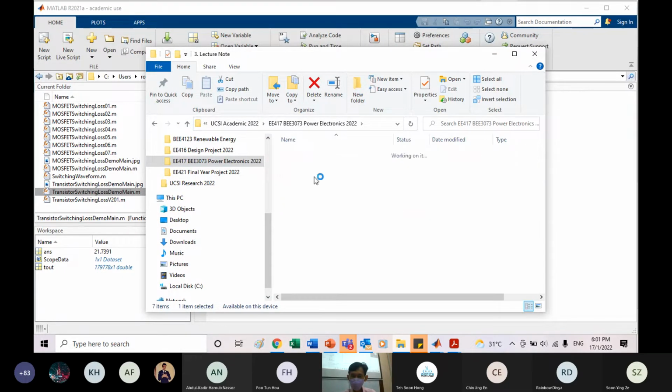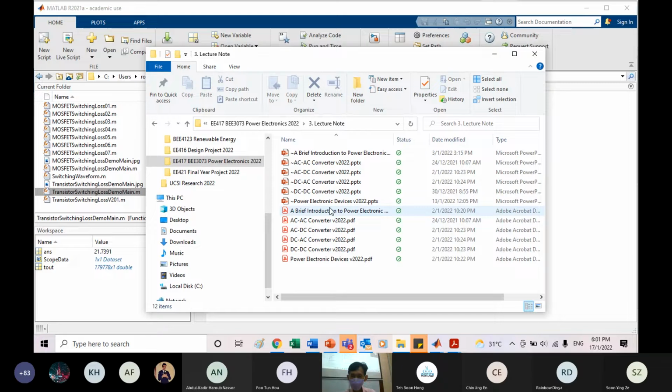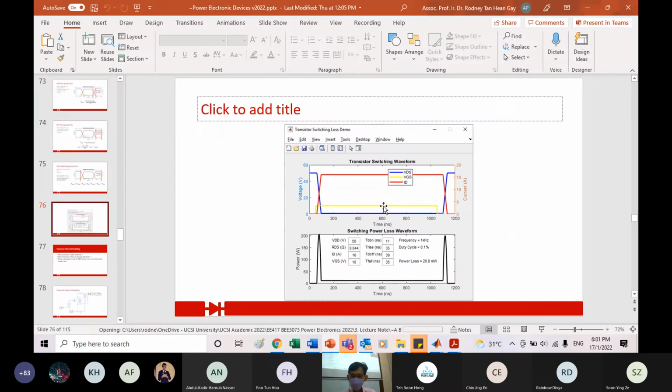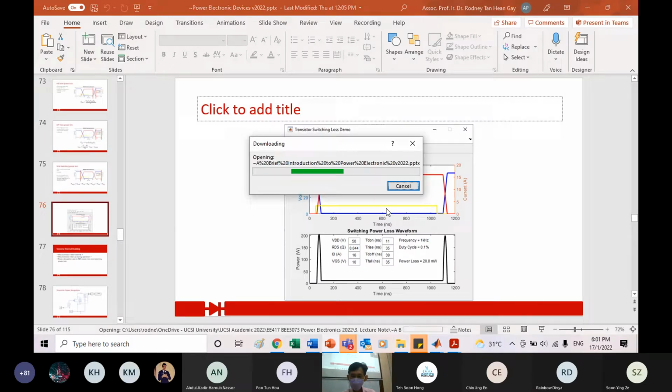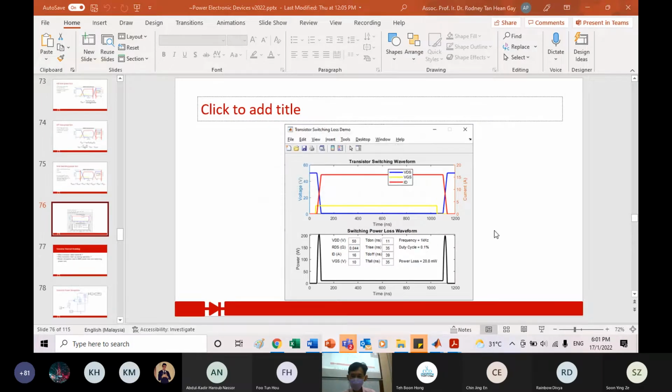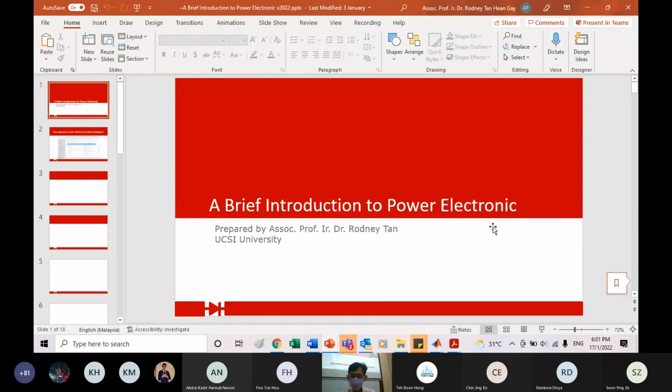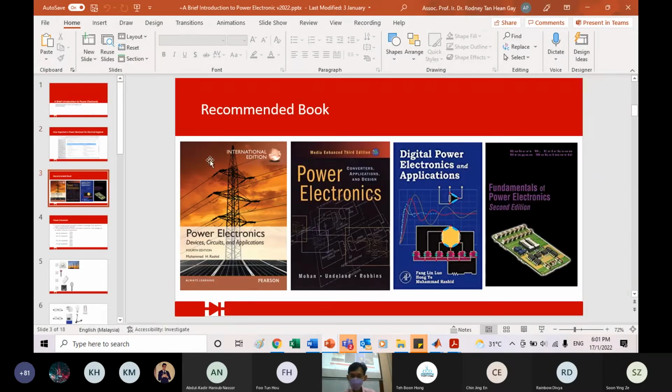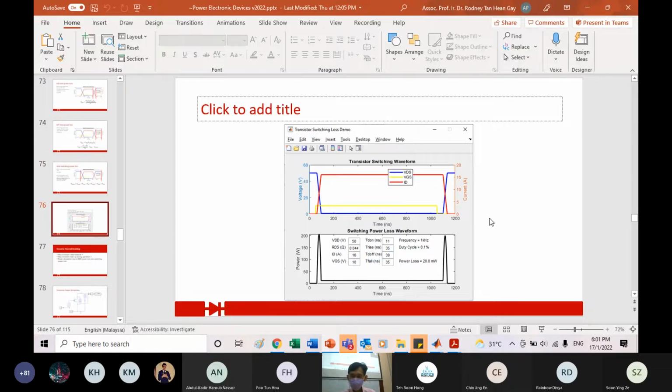If you look at my very first slide, I based on this textbook, for the equations. Okay, so that will be the transistor switching loss.